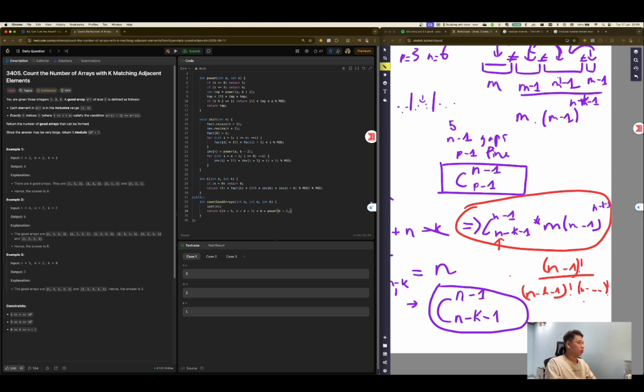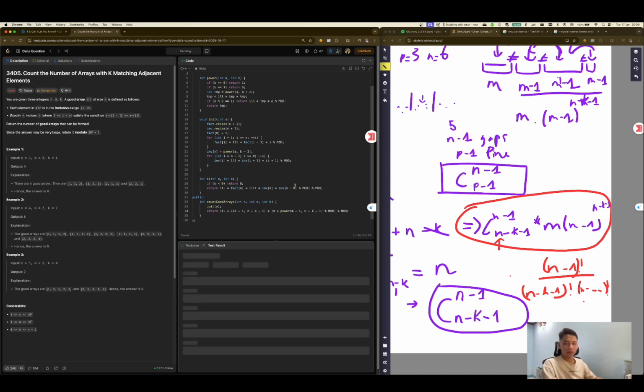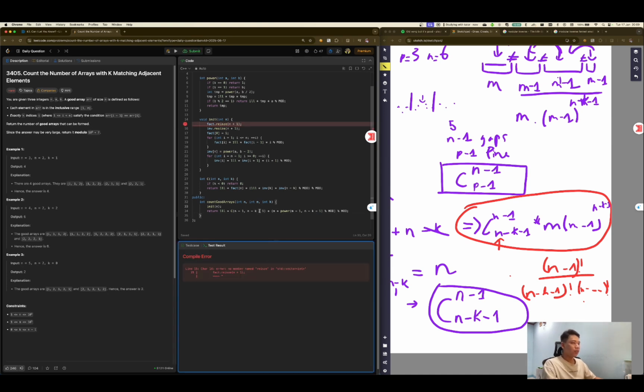The base is m minus 1 and the power is n minus k minus 1, modulo. Remember to cast it. Never forget to cast it because it may overflow.